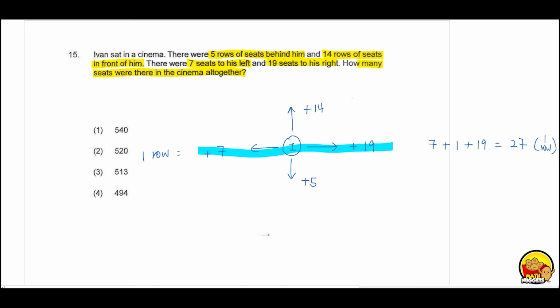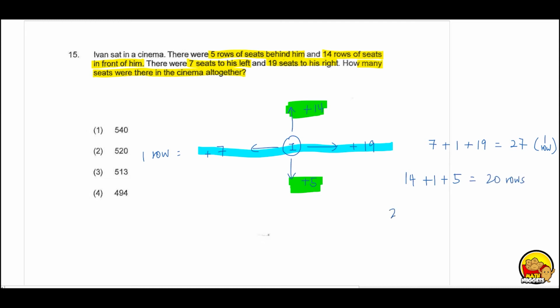Next, let's find out how many rows there are. In front of him, we have 14 more rows. So including the row that he's seated in, 14 plus the row that he's on, and plus 5 behind him, in total that's 20 rows.